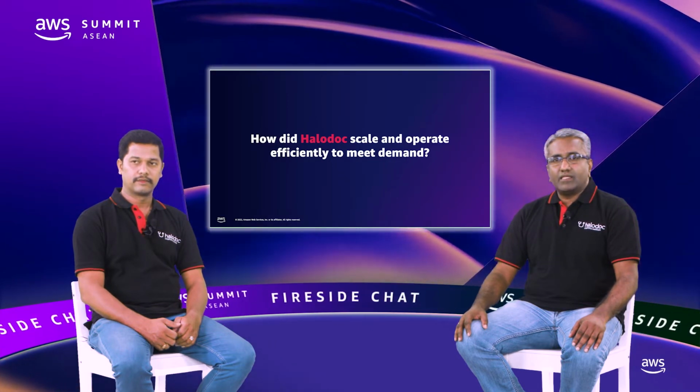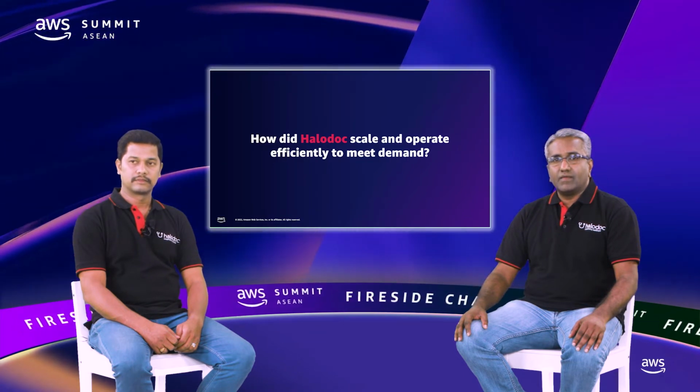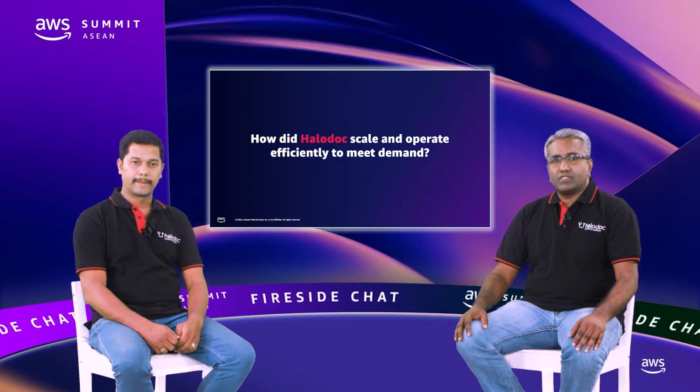So application latency was a key measure of our business success. Based on our analysis, we wanted to ensure our application response time, measured as the latency between doctors and patients during teleconsultations, would be less than 5 seconds for 95% of the calls and less than 1 second for 50% of the calls. So in 2016, we moved to AWS.